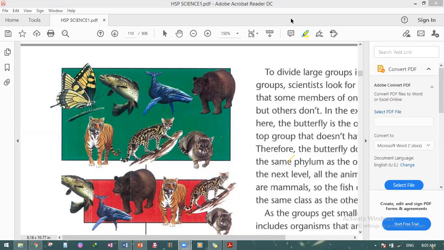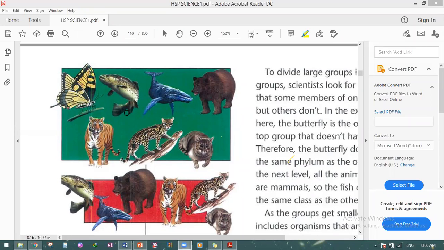The butterfly has no backbone. Yes, those one, two, three, four, five, and six animals share something, which is the backbone. All of them have a backbone, while the butterfly is an insect, and insects belong to the invertebrates, or what we call animals without a backbone.